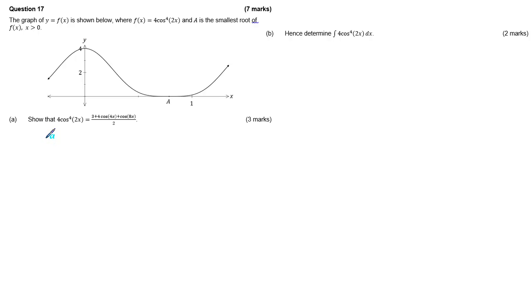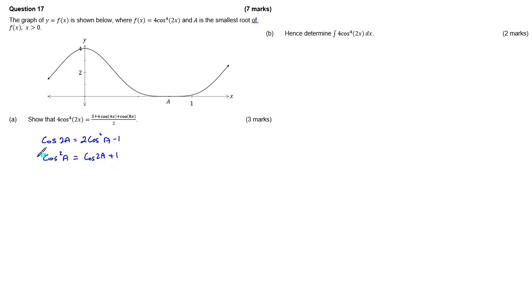Now we know that cos of 2a is 2 cos squared a, take away 1. So it follows that cos squared of a is equal to cos 2a plus 1 divided by 2.